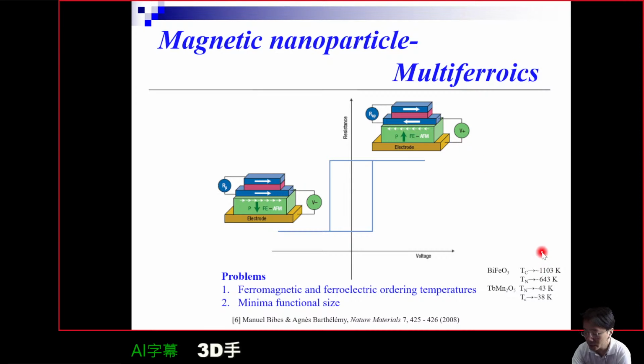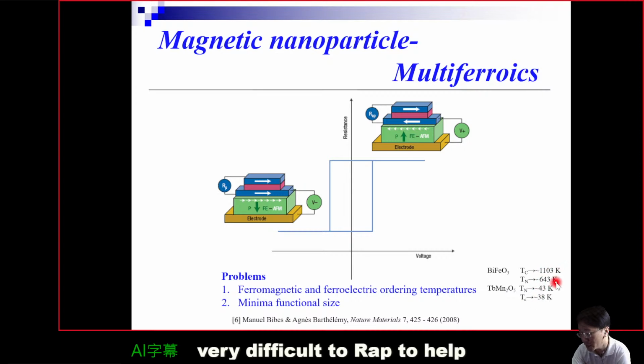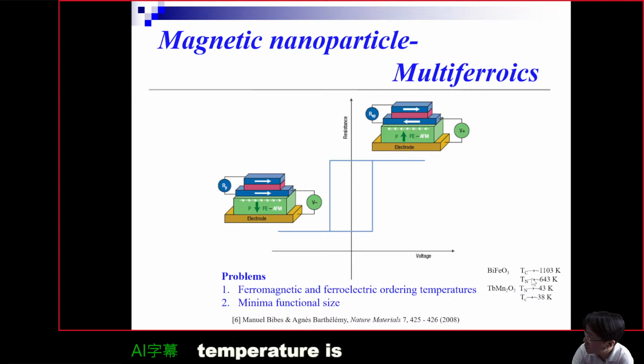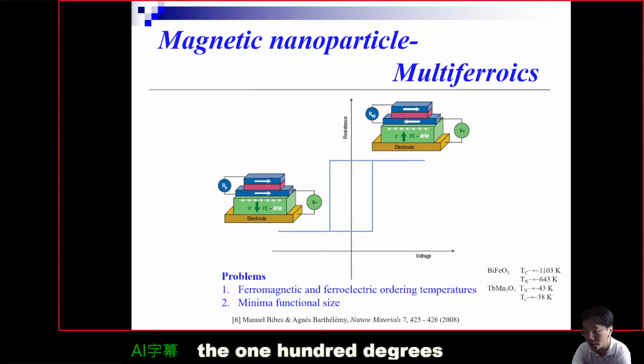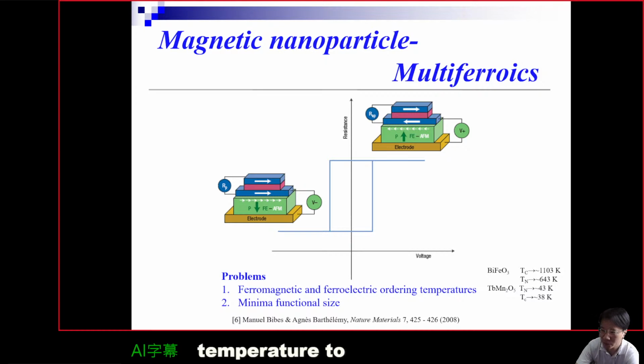So typically we want the ordering temperature to be about 100 degrees above room temperature, because you can imagine that in your computer case the temperature would be roughly 50 to 80 degrees, right?